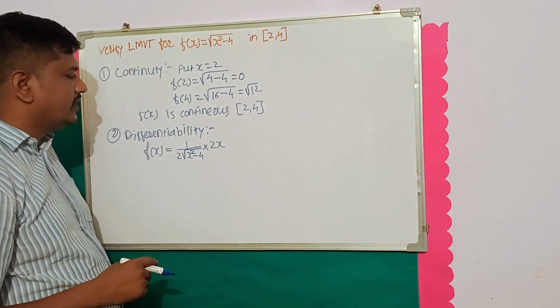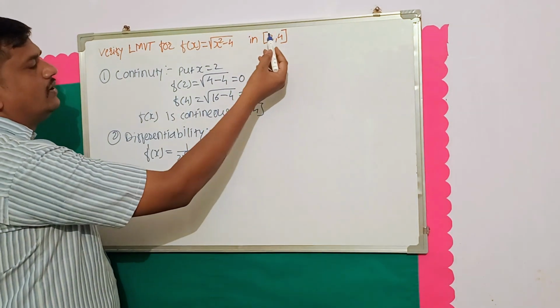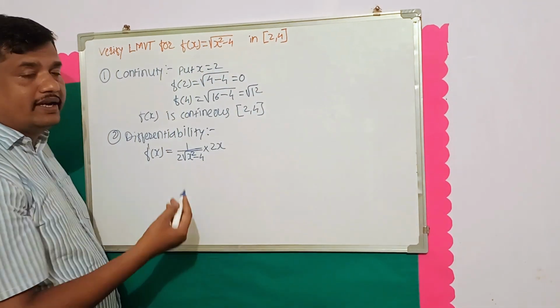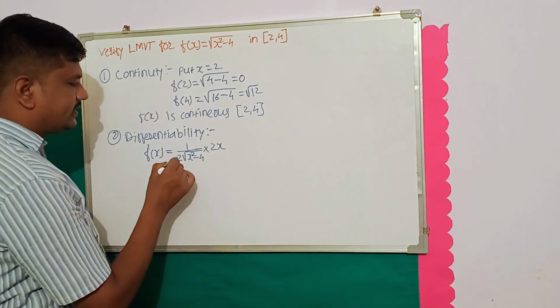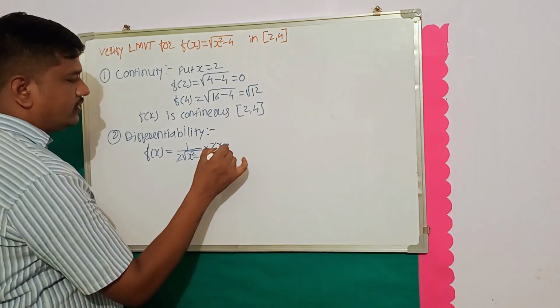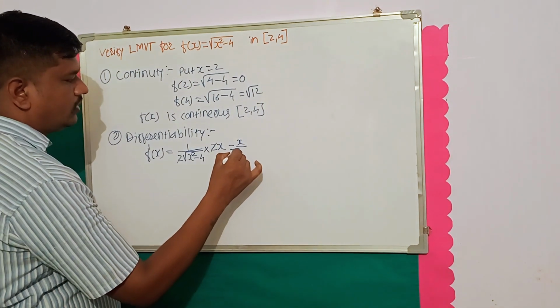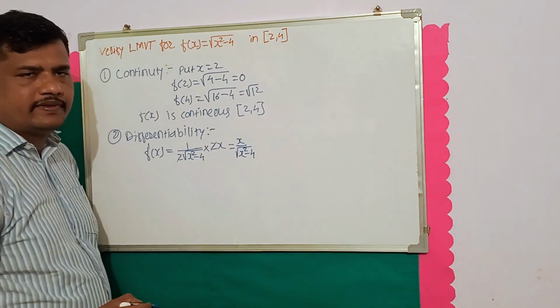And here again we have to check whether, by putting some value between 2 and 4, I am getting some indeterminate form or not. So this is equal to x divided by root of x square minus 4.